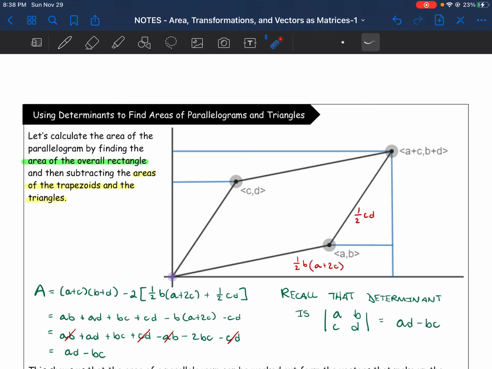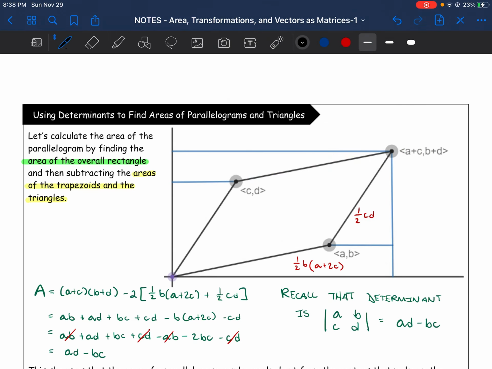So we know that, if we look at some of these points here, here's the point (0, 0). We're going to call this point (A, B), we're going to call this point (A plus C, B plus D), and this point (C, D). So notice that if I look at this entire length, that's A plus C. So I'm actually going to write that down here, in a different color.